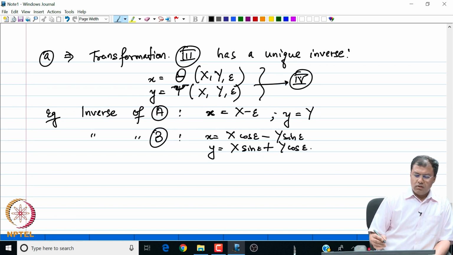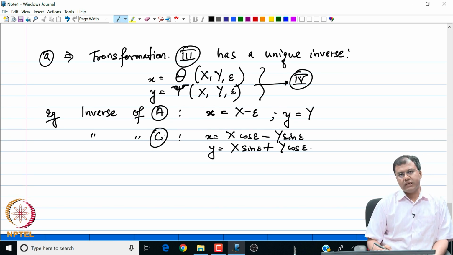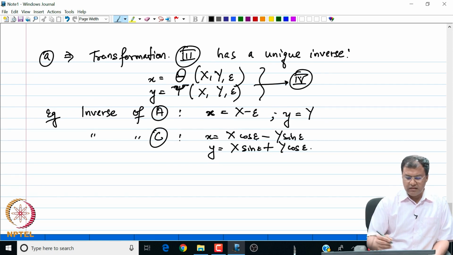This was the inverse in the case of C, the rotational transformation we discussed. We can readily check that these are the results for the inverse.